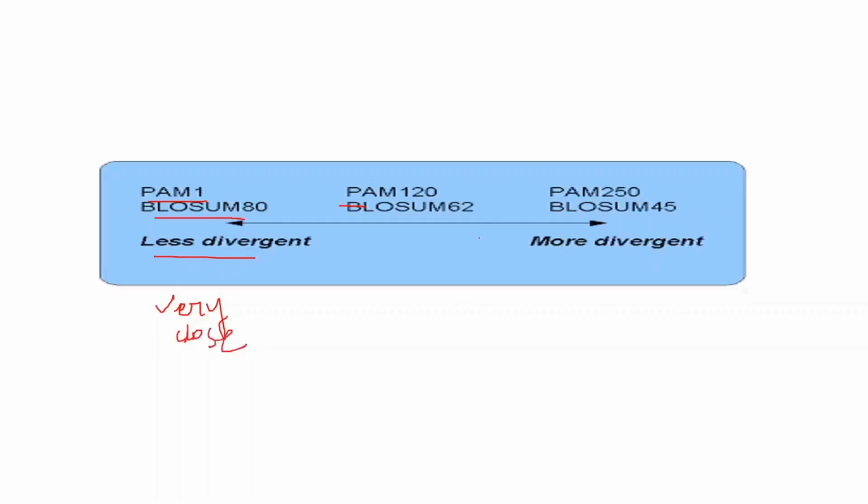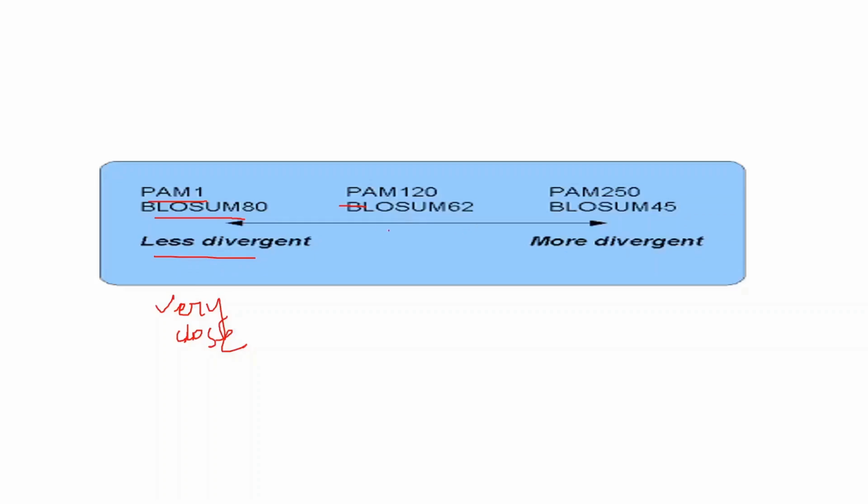Here both have equal things: whatever is done by PAM 120, BLOSUM 62 does the same thing.